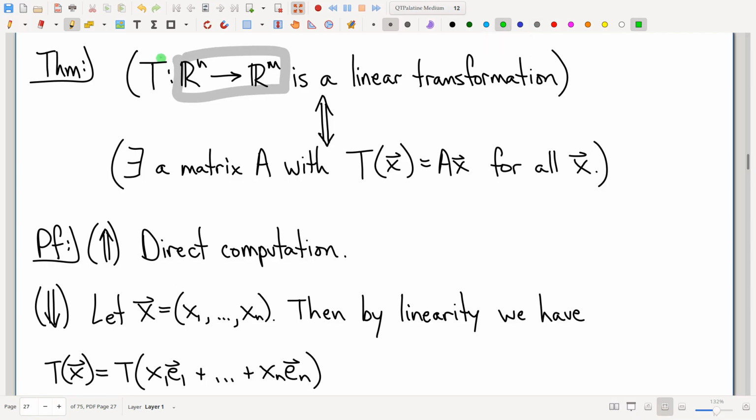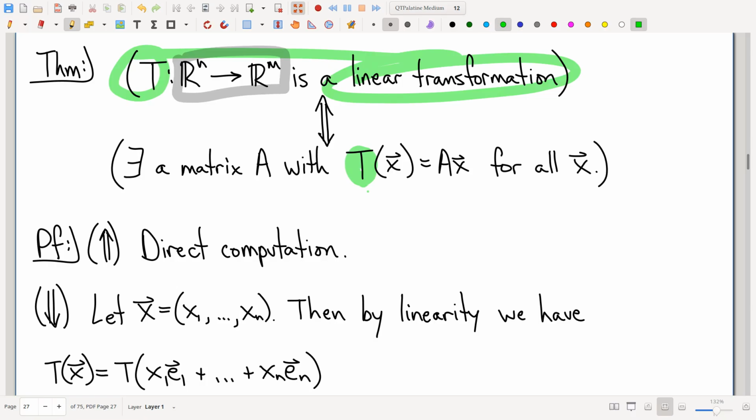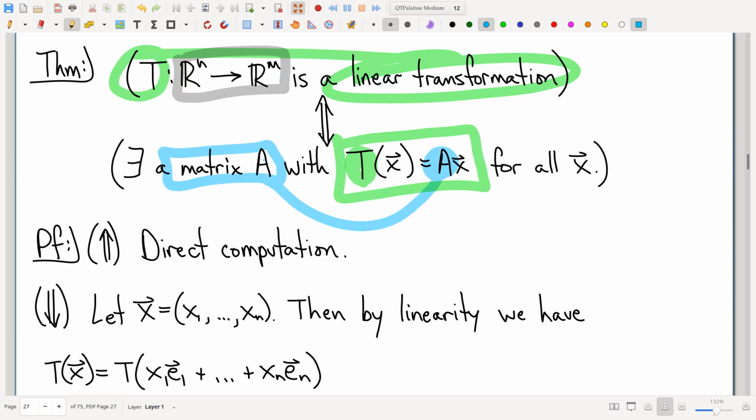If you have a linear transformation, then that linear transformation can be written in the usual way with a matrix. To say it in a streamlined way, every linear transformation is a matrix.